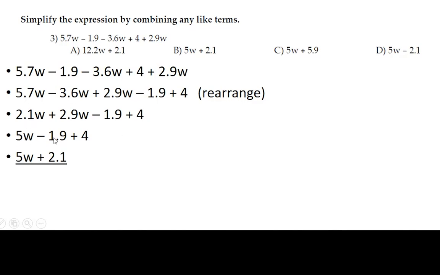We carry down the rest. We still have to take care of the negative 1.9 plus 4. And negative 1.9 plus 4 is positive 2.1. That would be the same as positive 4 minus 1.9. So putting that all together, we get an answer of 5w plus 2.1.